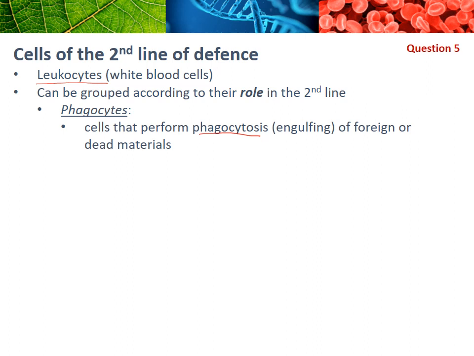Okay, so cells that perform phagocytosis, or the engulfing of foreign or dead materials. Okay, so basically what we're saying here, foreign materials are pathogens. Dead materials might be body cells that are damaged or infected.